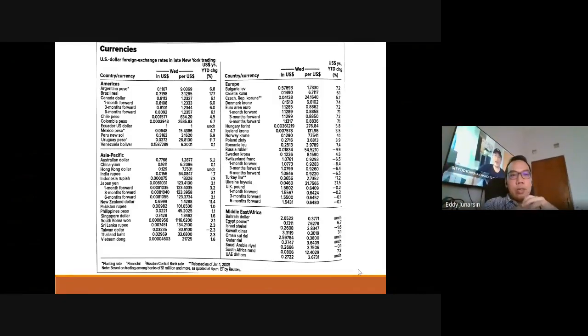And you see here an example of a lot of quotations, a lot of quotes here. Countries with their currencies, right, from Argentina to the United Arab Emirates, from peso to dirham, and so many currencies in the world. So they have their own monetary systems, right? And of course how they manage their currencies.